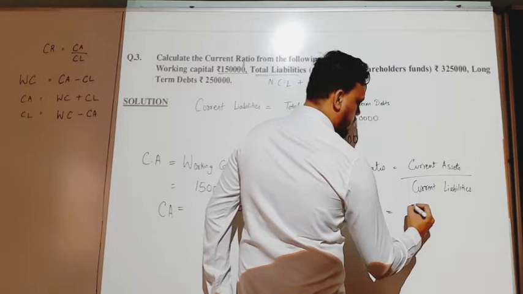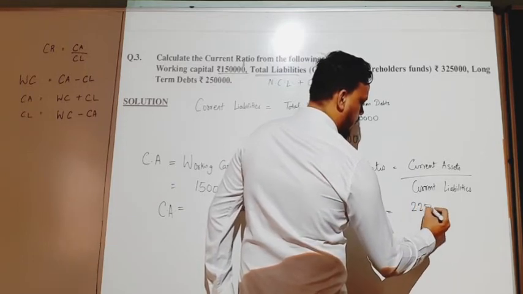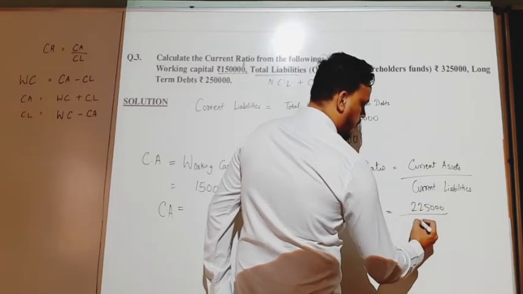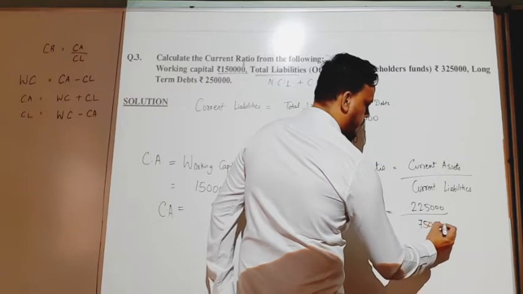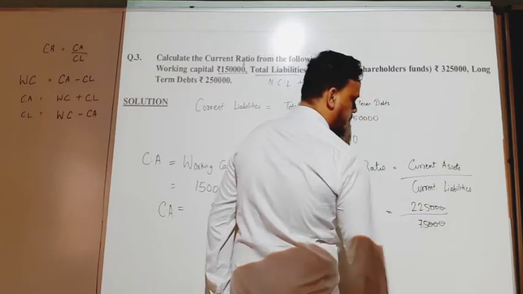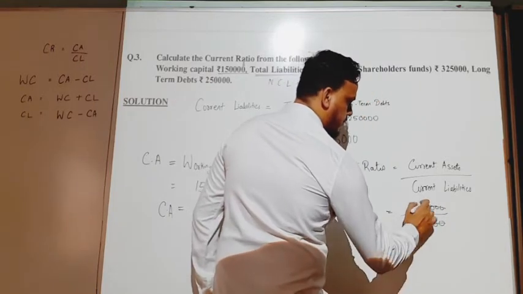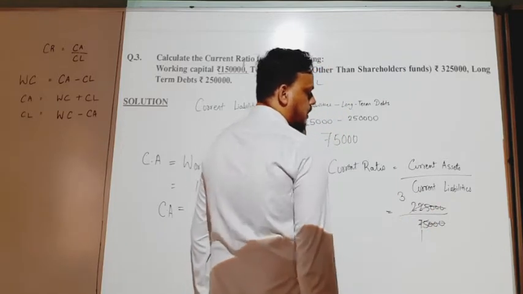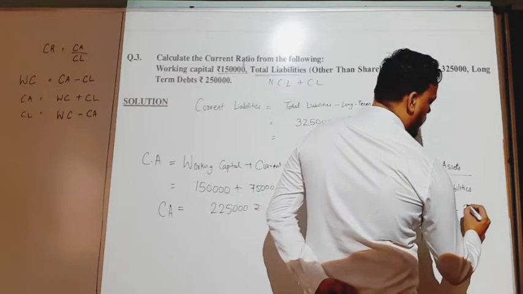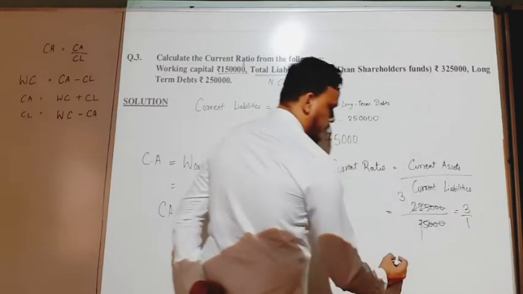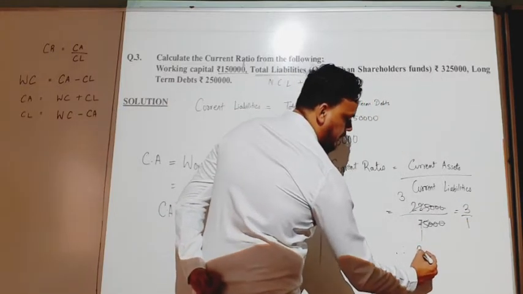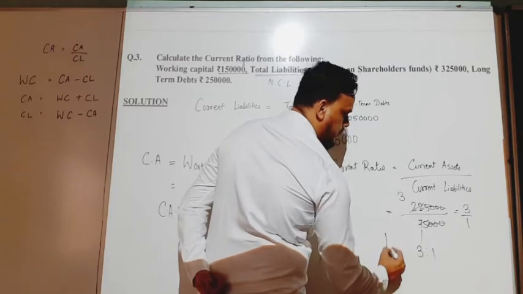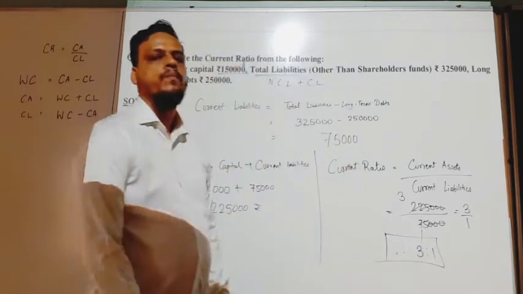We got current assets of 2,25,000 upon 75,000. If we cancel three zeros, 75 ones are 75, 75 threes are 225. So the answer will be 3 upon 1. In simplest form, we get 3 to 1 as the current ratio.